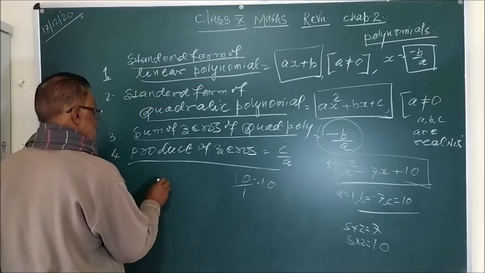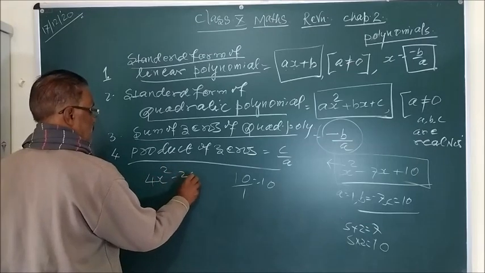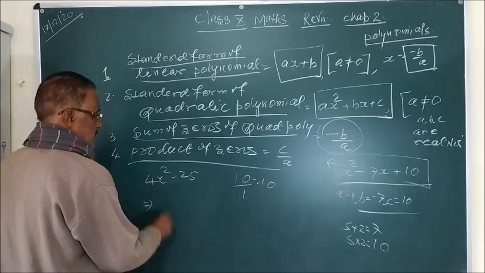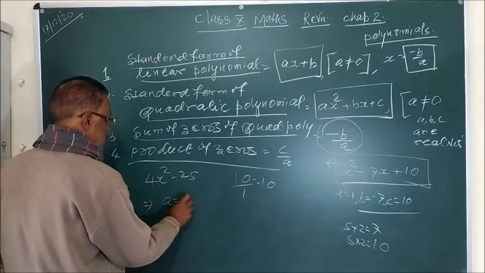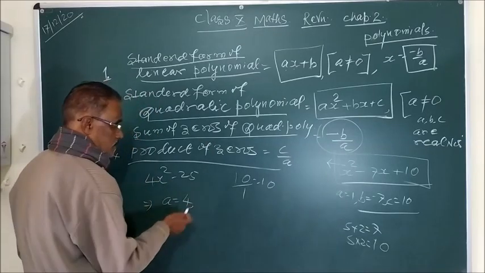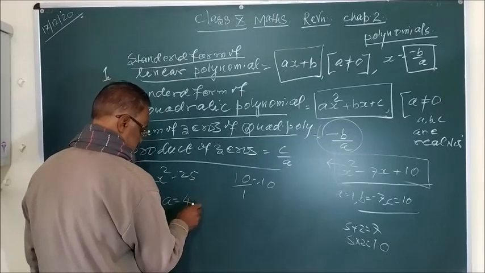Fourth question, suppose 4x squared minus 25. This is a quadratic polynomial, yes. If you compare with the standard form, a is equal to 4 here, and the middle term is not here. So b is equal to 0, 0x.